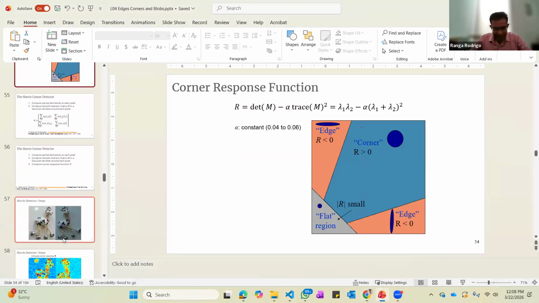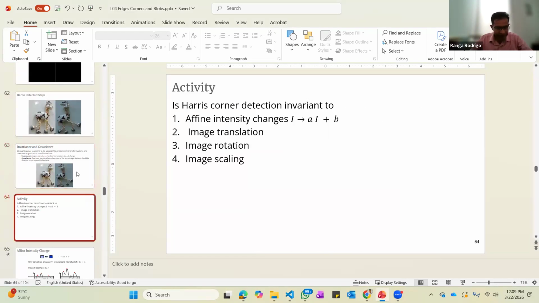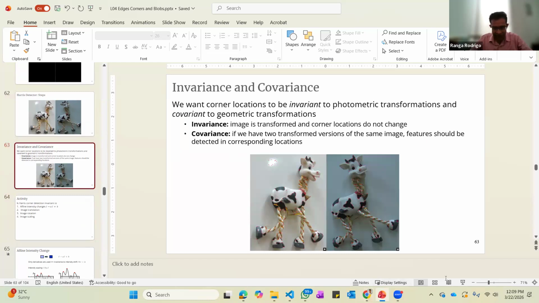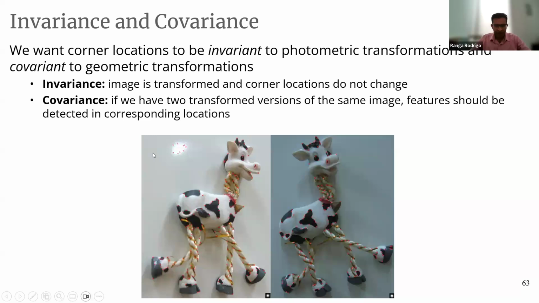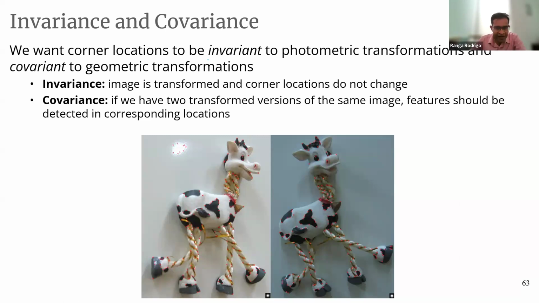Okay, now let's study these corners further. Now, we want the location of the corners to be invariant to photometric transformations and covariant to geometric transformations. What that means is, even now you can see in this image, the cow has been rotated. Even if you rotate, the corners have to be detected.